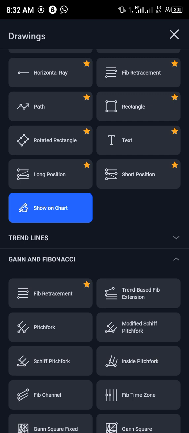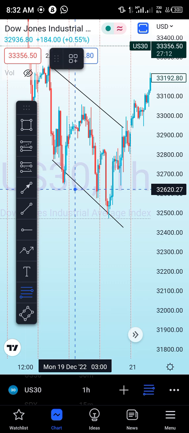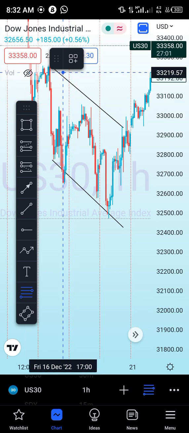Fib retracement is the tool that is called Fibonacci retracement. It is only shortened here to Fib retracement. So what you do is select it. In my case, it is already on my favorites, so you just select it, and the tool is up. So how do we use it in a downtrend? You move your Fibonacci from the swing high to the swing low.